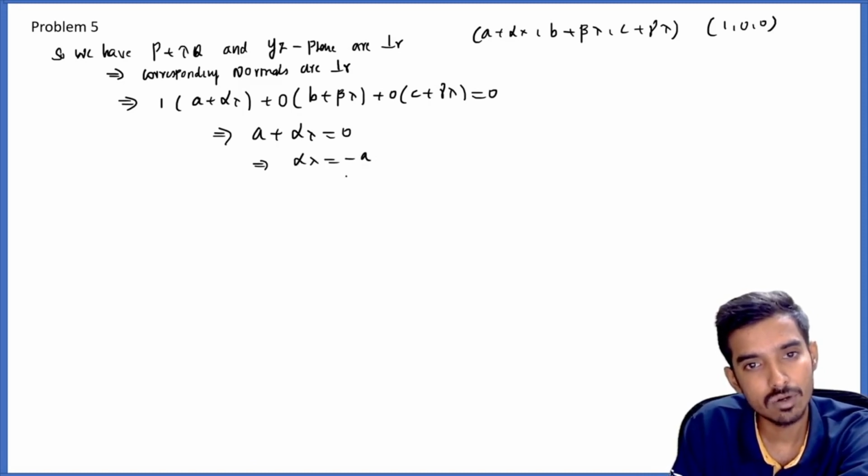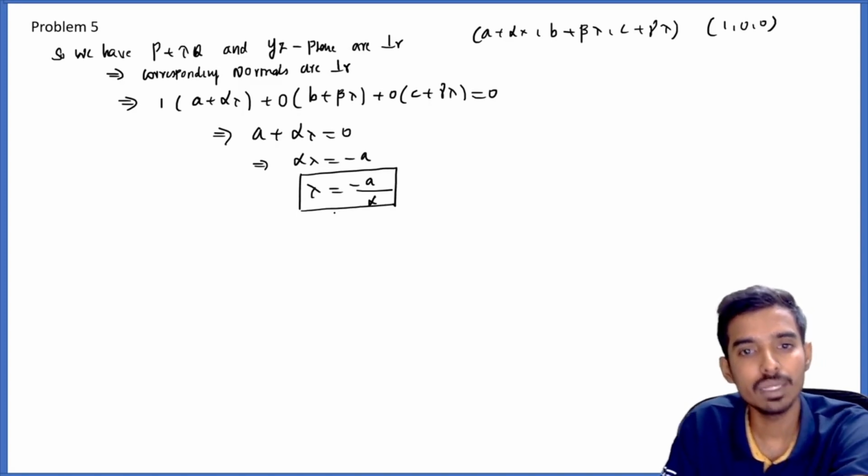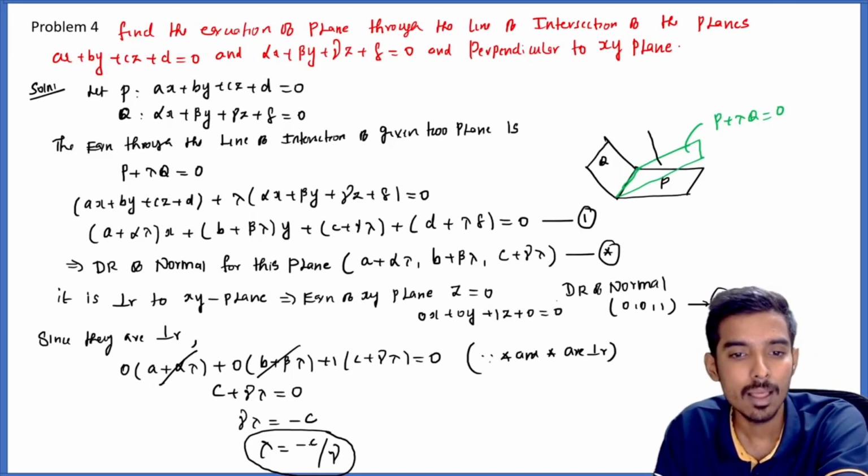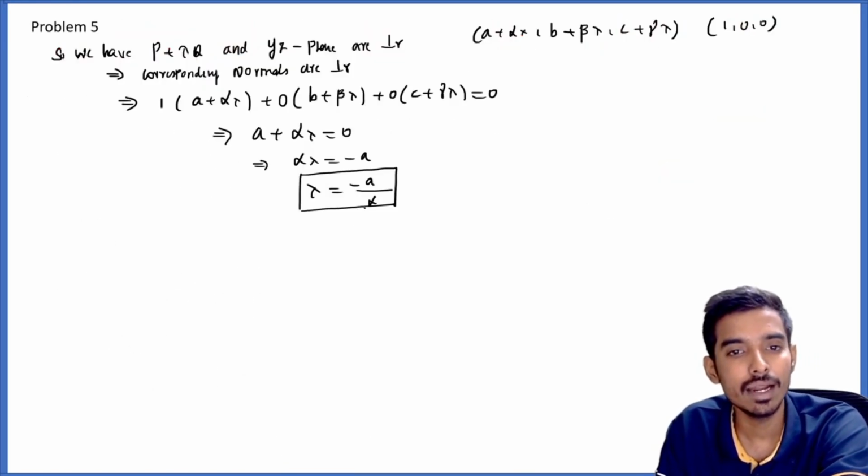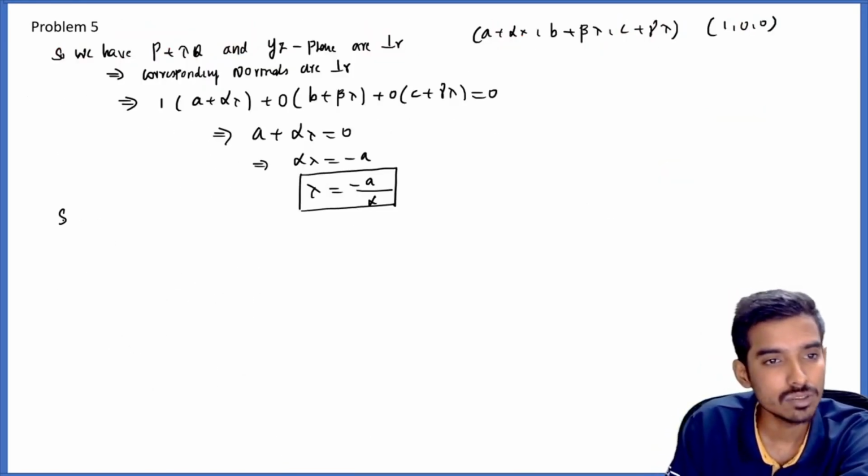Alpha lambda is equal to minus a. Lambda is equal to minus a by alpha. Right? In the previous column, we had got lambda to be equal to minus c by gamma. Here we have got minus a by alpha. So substitute in 1.